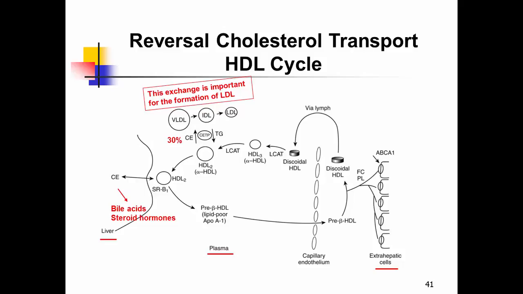LCAT is an enzyme present in the plasma that catalyzes the esterification of the free cholesterol. Then the second process is also very important: the alpha HDL becomes larger, and there is lipid exchange with VLDL, LDL, and IDL.